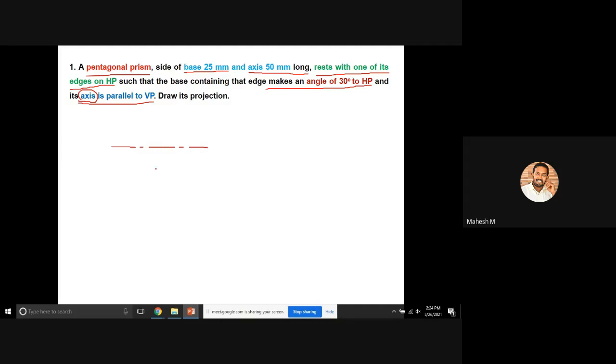Okay, so what is the procedure to start this problem? For starting this problem, you have to look at this first condition: rest with one of its edges on the HP. Normally in our plane condition, we'll be using the edge of your pentagon exactly at the right side of this problem.